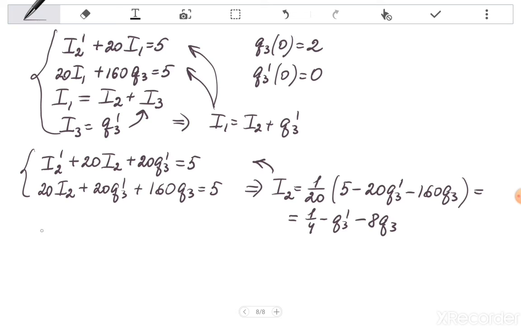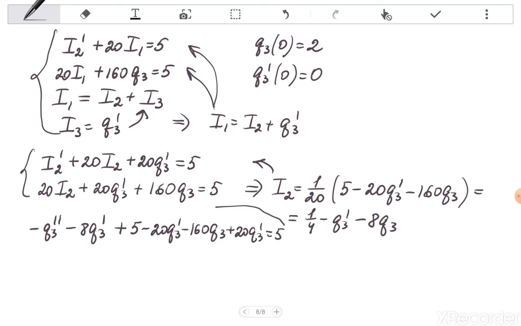So I2 prime is now minus Q3 double prime minus 8 Q3 prime. Plus 20 I2, so multiplying by 20 we get 5 minus 20 Q3 prime minus 160 Q3, plus 20 Q3 prime, and this is 5.